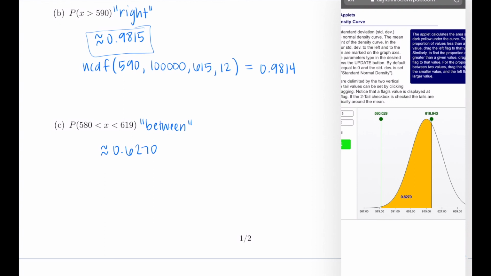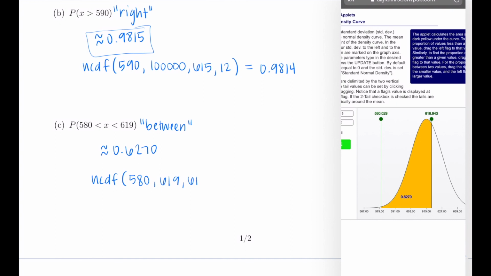When you put this one into your calculator using the normal CDF function, you don't have to worry about negative 100,000 or positive 100,000 because you have both your minimum value and your maximum value given. Here my minimum value is the smallest number, 580. My maximum is the largest, 619.